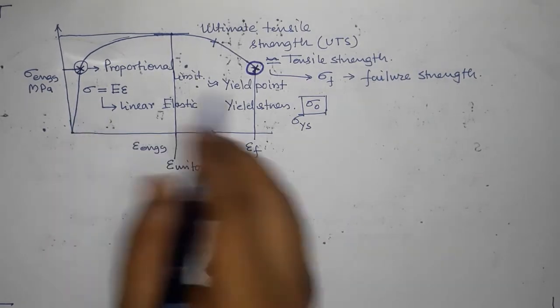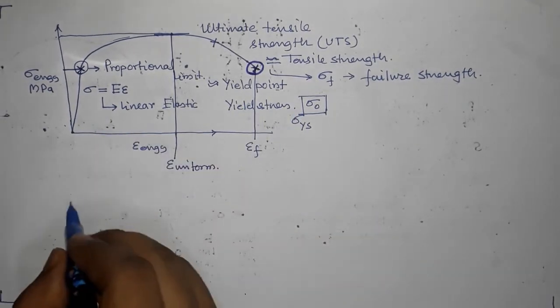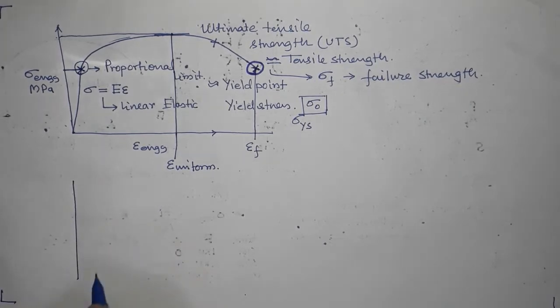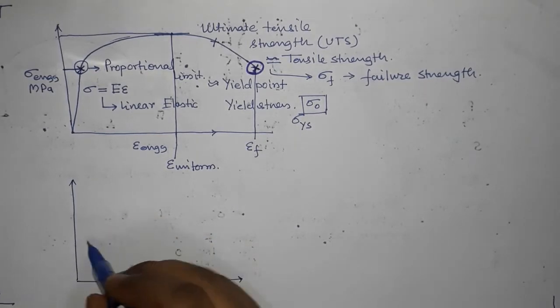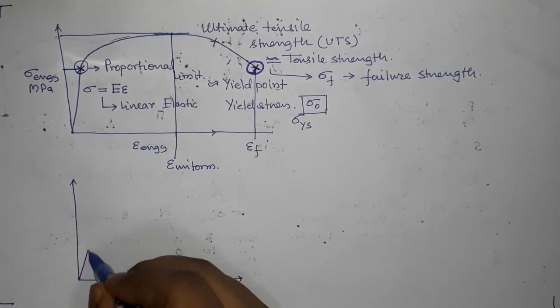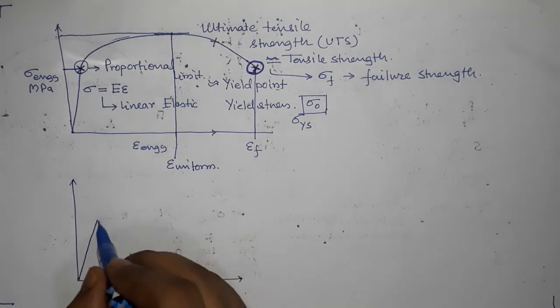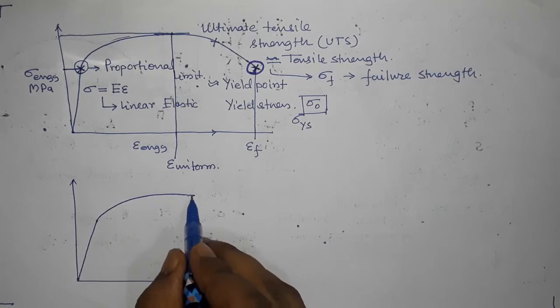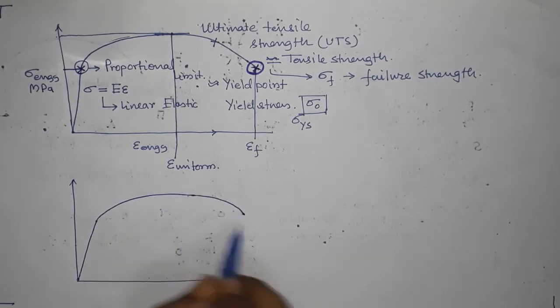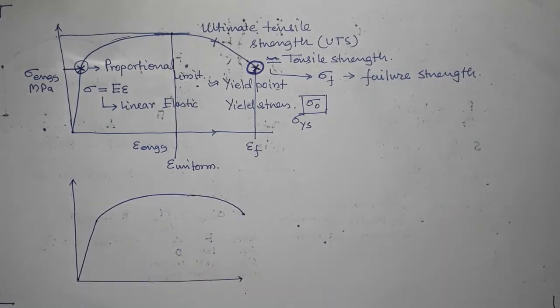Okay, now there is something interesting here, for which I will have to draw it again. There are actually many things in this plot. So this is our linear part, and then it starts to change in non-linear behavior, right? And then it goes there. Now what happens if I unload it somewhere?